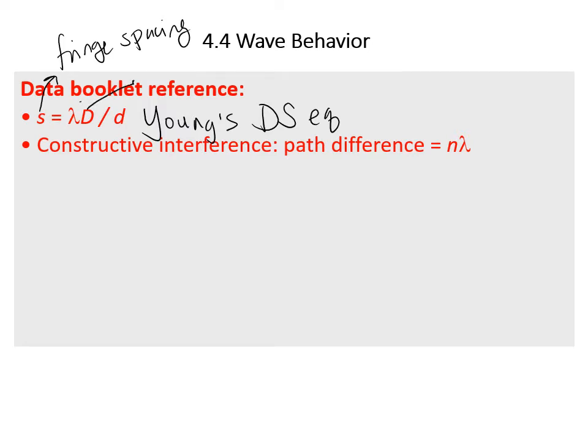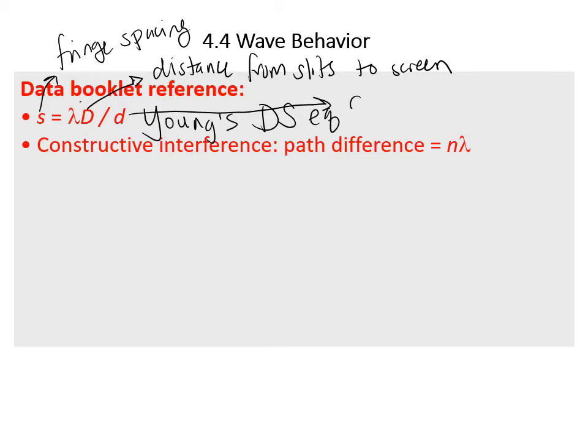Capital D is the distance from the slits to the screen. And little d is the distance between the slits. More on this later.